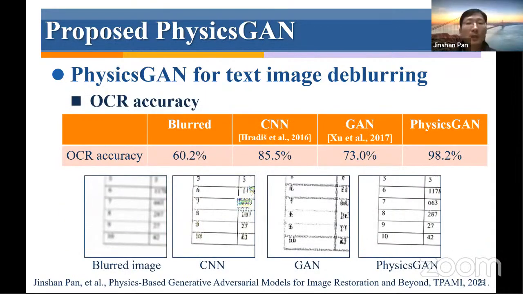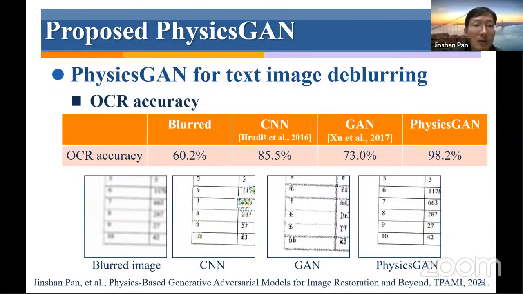So for image deblurring and related restoration tasks, one may ask whether the contents of the generated image are reliable or not. Because we all know that the GAN-based methods usually generate fake contents. To answer this question, we use the OCR accuracy as the evaluation metric.